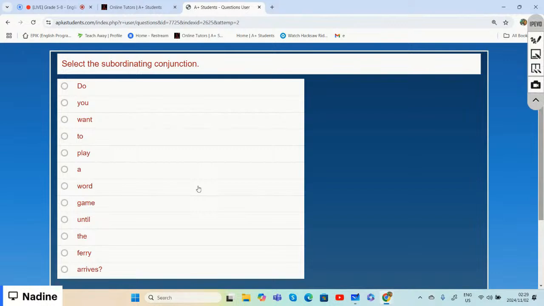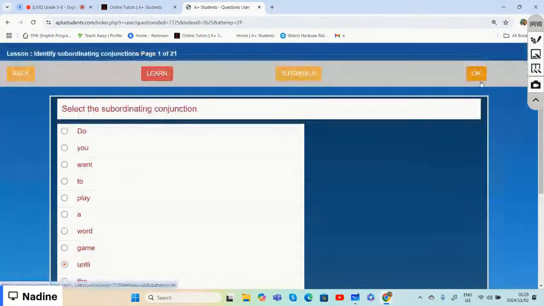And if we were to choose our subordinating conjunction, yes, and then we will say until the ferry arrives. Well done.